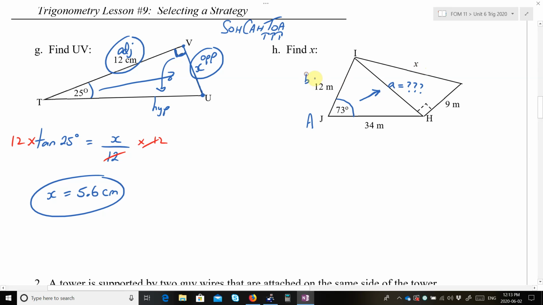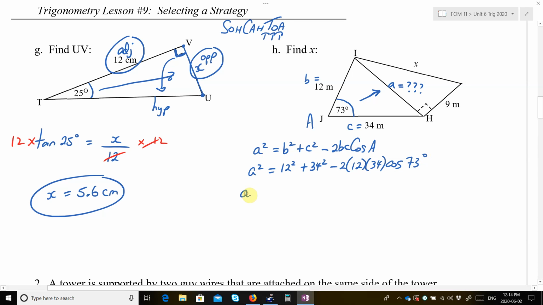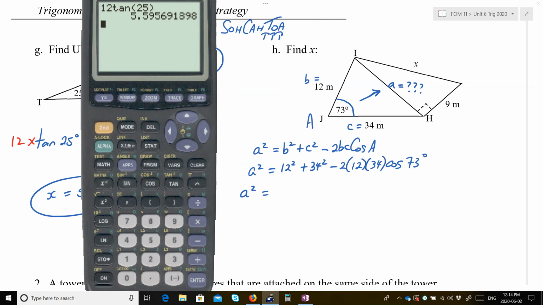Okay, so if that side is A, it doesn't matter how we label B and C. A squared is equal to B squared plus C squared minus 2BC cos A. B is 12, so we would go 12 squared plus 34 squared minus 2 times 12 times 34, and then cos 73 degrees.